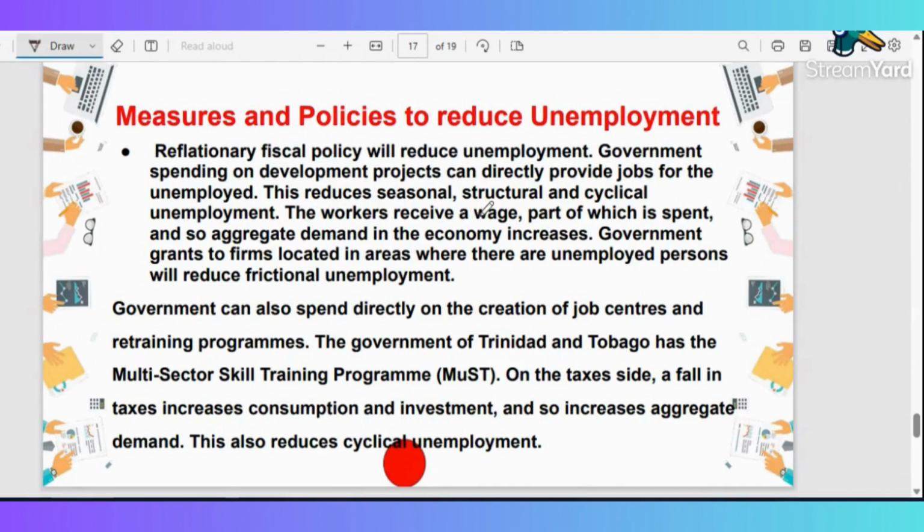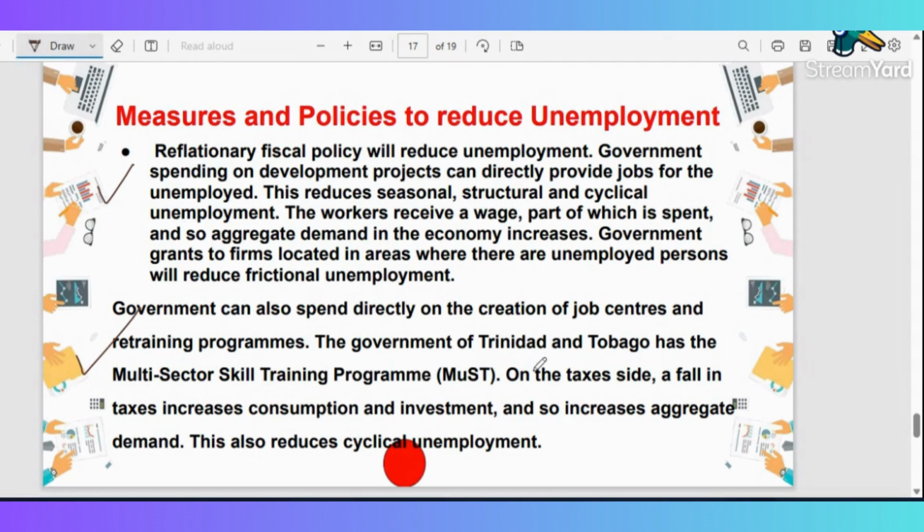The workers receive a wage, part of which is spent, and so aggregate demand in the economy increases. Right? Now, government grants to firms located in areas where there are unemployed persons will reduce frictional unemployment.